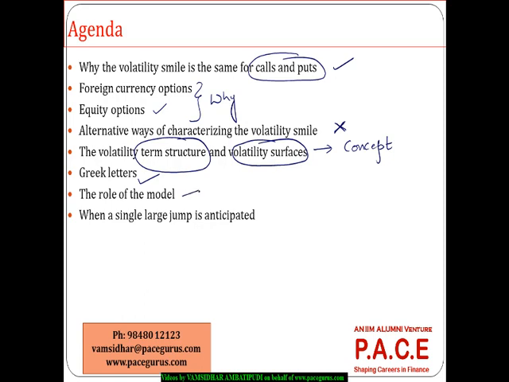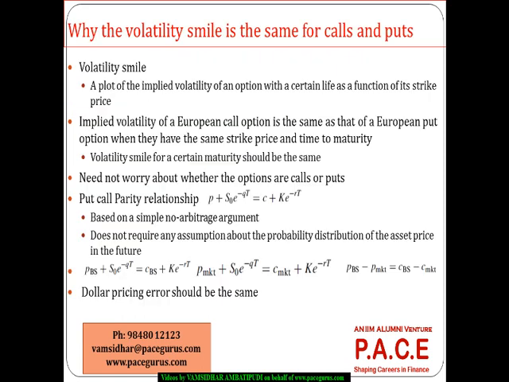What is the role of the Black-Scholes model, or for that matter any other model, in the characterization of the volatility smiles? And how does the volatility smile get affected when a single large jump is anticipated in the asset price? So these are some of the important things that we are going to take up here.